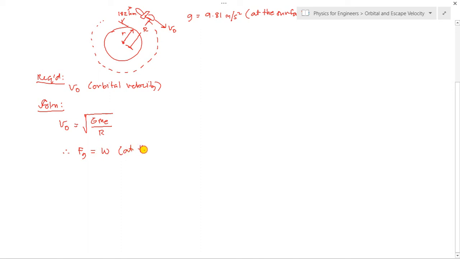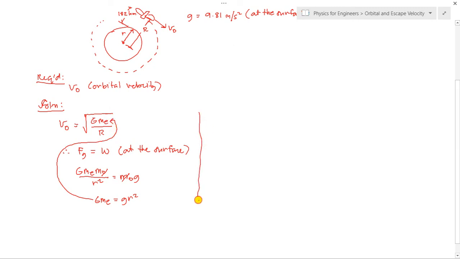Again, we are not given g at that height R. So at the surface, we have the relationship G ME MO all over R squared, the Earth's surface, equal to the mass of the object times the gravity of 9.81. Here MO cancels, so we now have G ME equal to g R squared. So we now have G ME to substitute here.